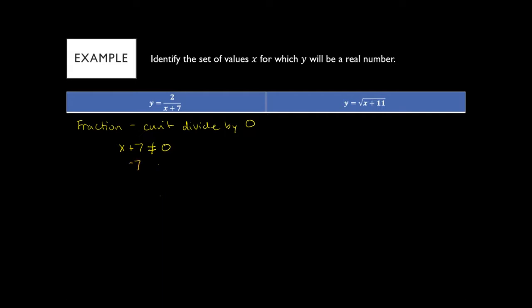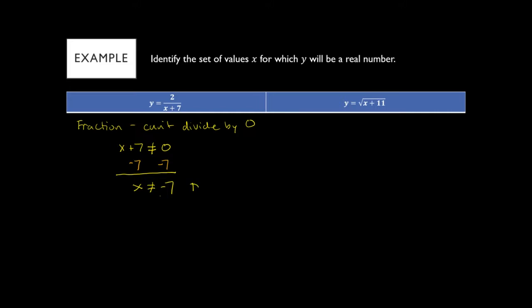I can subtract 7 from both sides. This says x cannot equal negative 7, since 0 minus 7 is negative 7. So we can plug in any number we want for x except negative 7. If we plug in negative 7, we're going to get undefined and we can't graph it.